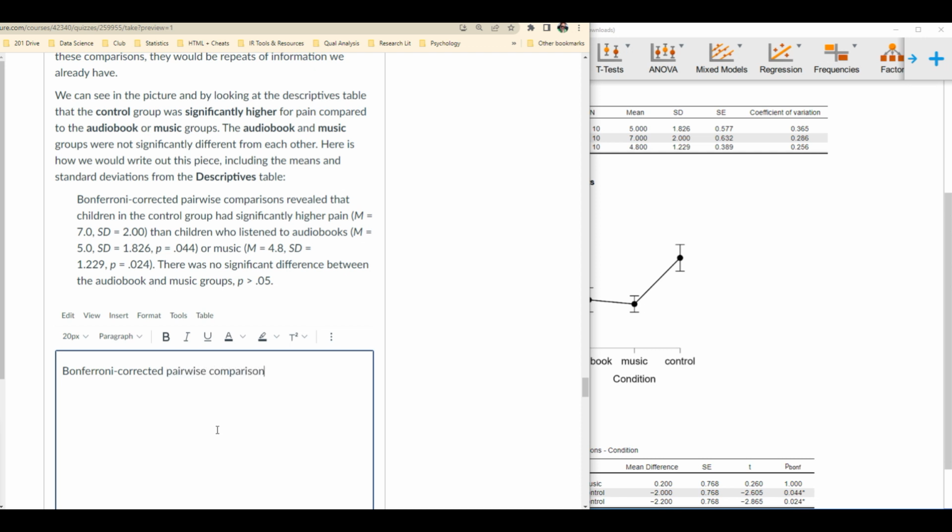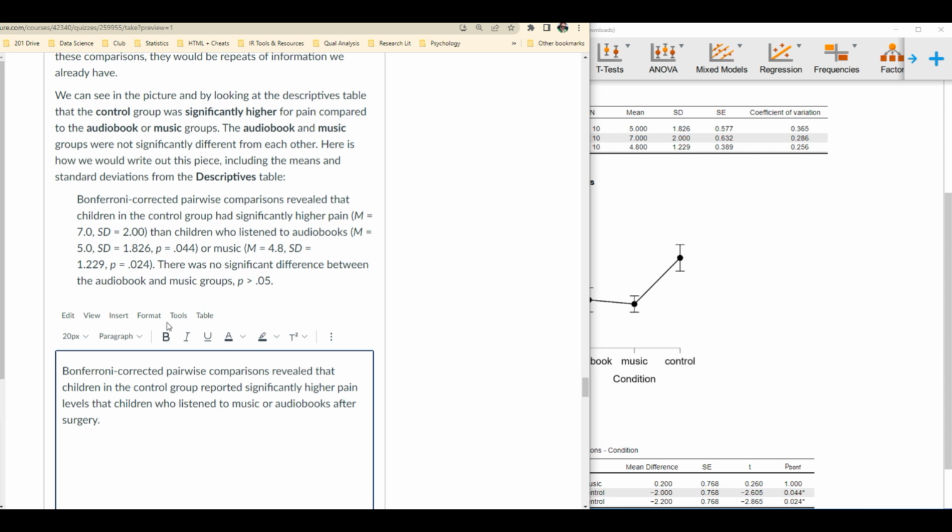Pairwise comparisons revealed that children in the control group reported significantly higher pain levels than children who listened to music or audio books after surgery. And then let me clean up my mess. Okay. So there's my sentence, right?